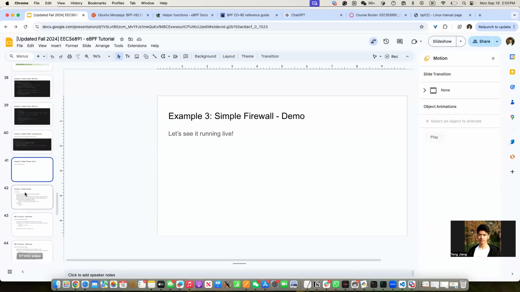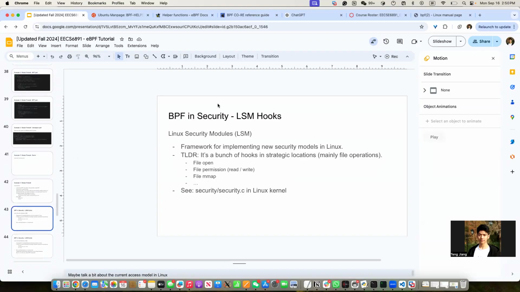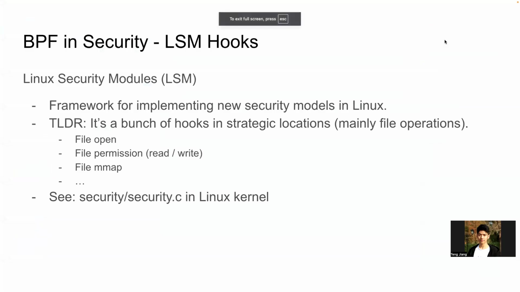Okay, the last example we can have is BPF in security, which I have to say I'm not a master of. There are a lot of things to manage, like security models, for example file accesses. It's just a bunch of hooks in strategic locations critical for security, for example file open, permission, mmap, and so on.